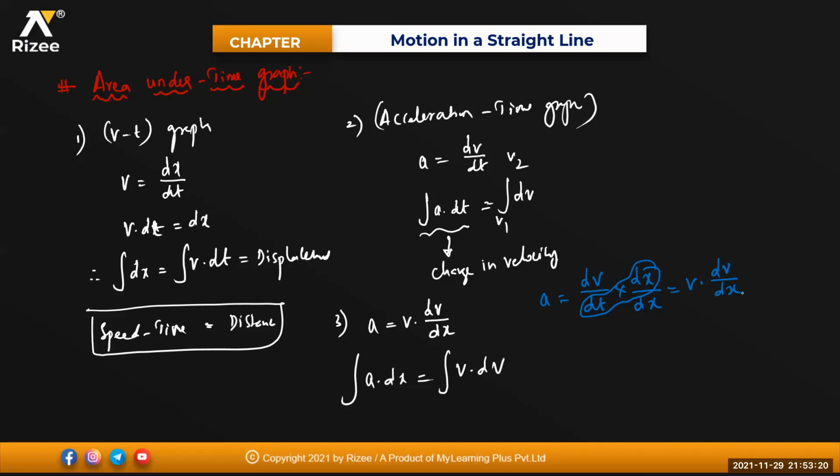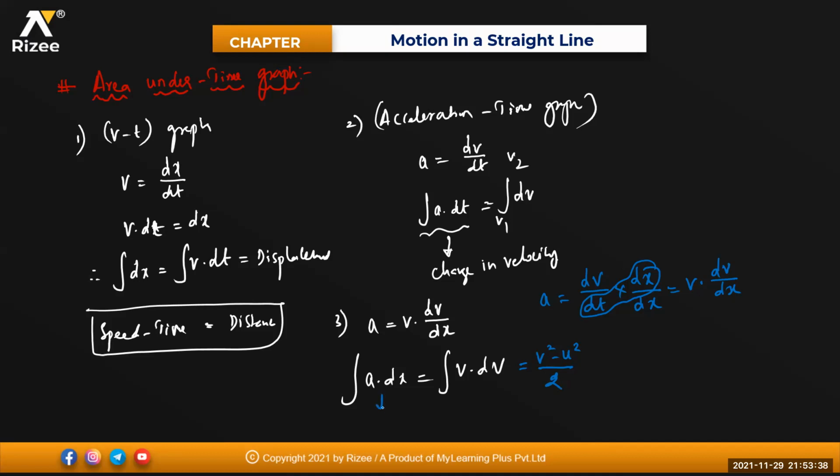Clear? Integral of V into dV will give me V square minus U square divided by 2. That is, area under the A-x graph will give me what? V square minus U square divided by 2.